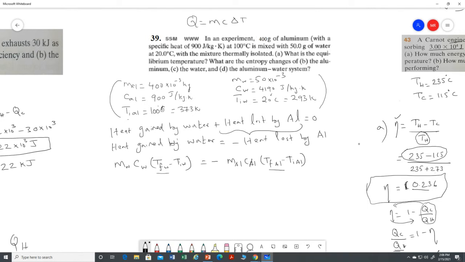And this final temperature is common for aluminium and water. So I can just write T final. Clear? Because this T final is common for both aluminium and water.